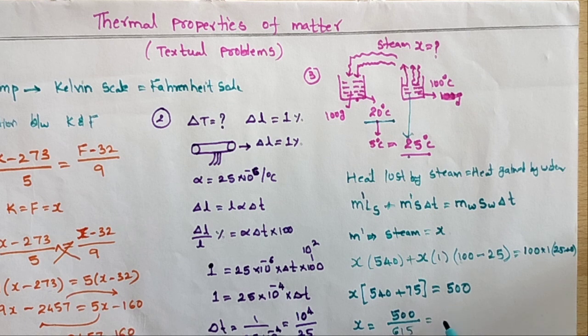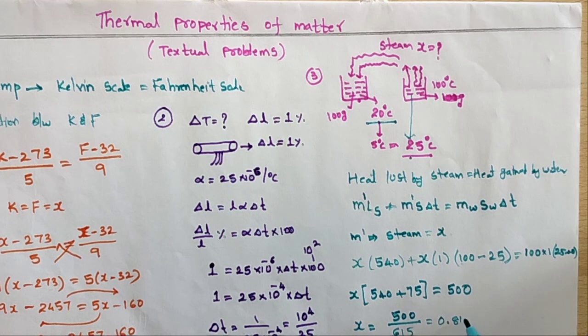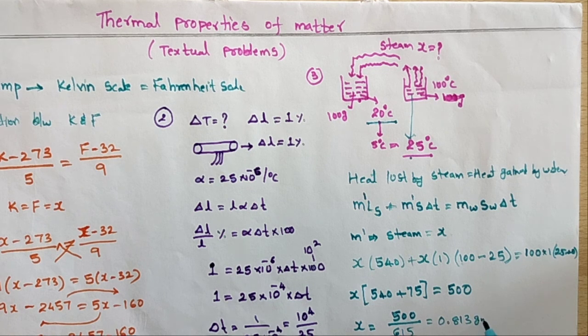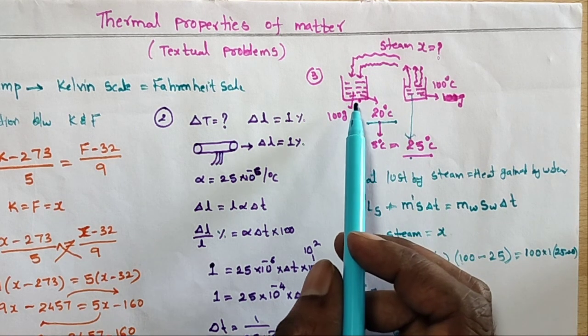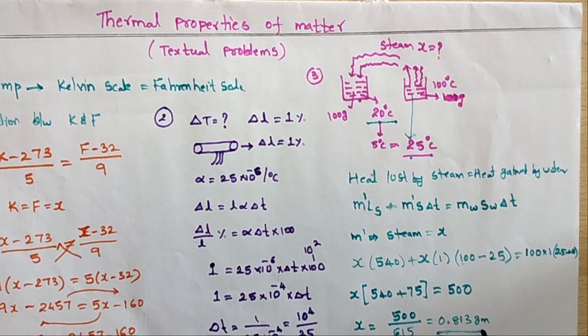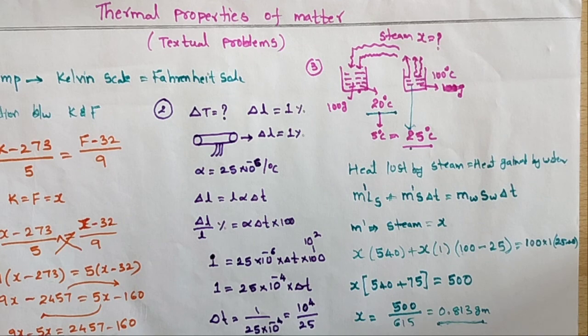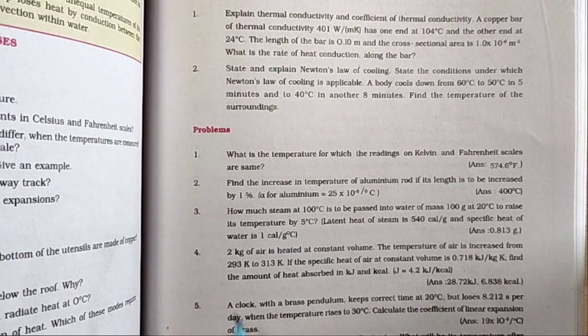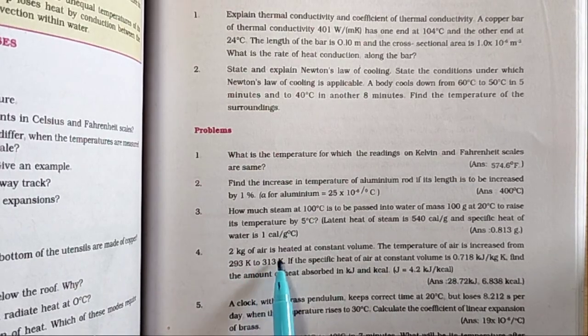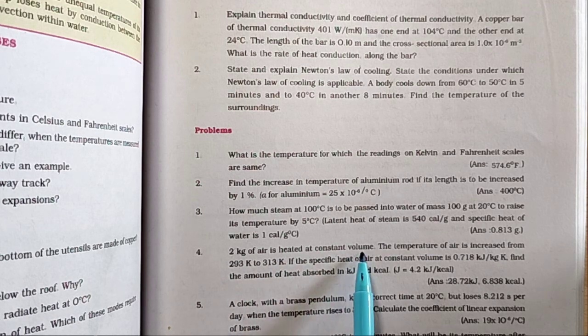You can calculate: 0.813 grams. So how much steam is going inside this water? Only 0.813 grams.